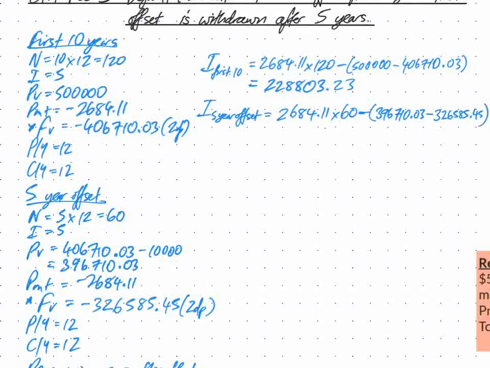You can see that here. And that tells me the interest that I paid during the offset was only $90,922.02.